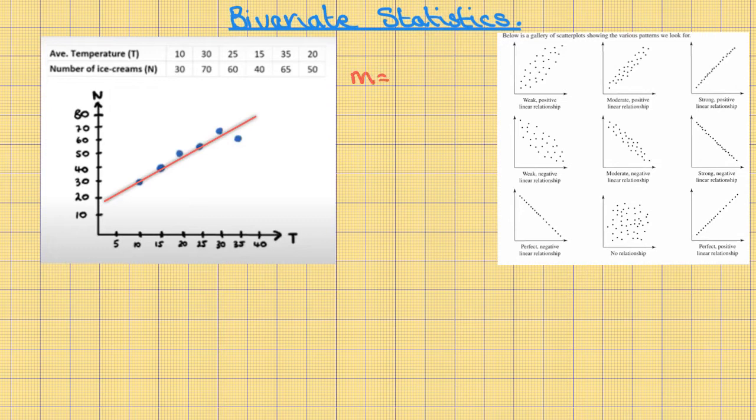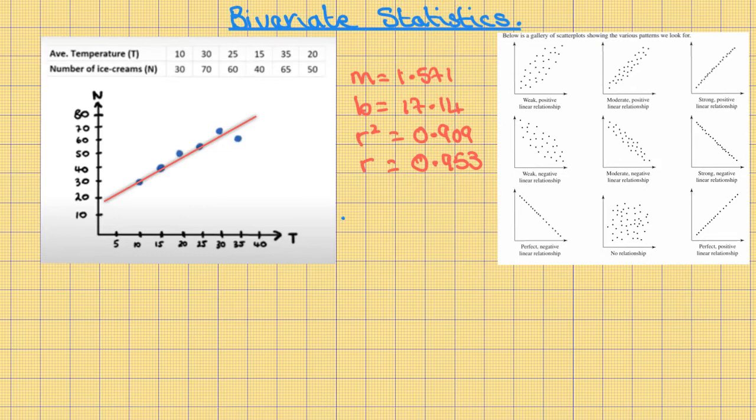M is equal to 1.571. B is equal to 17.14. R squared is equal to 0.909. And R is equal to 0.953.